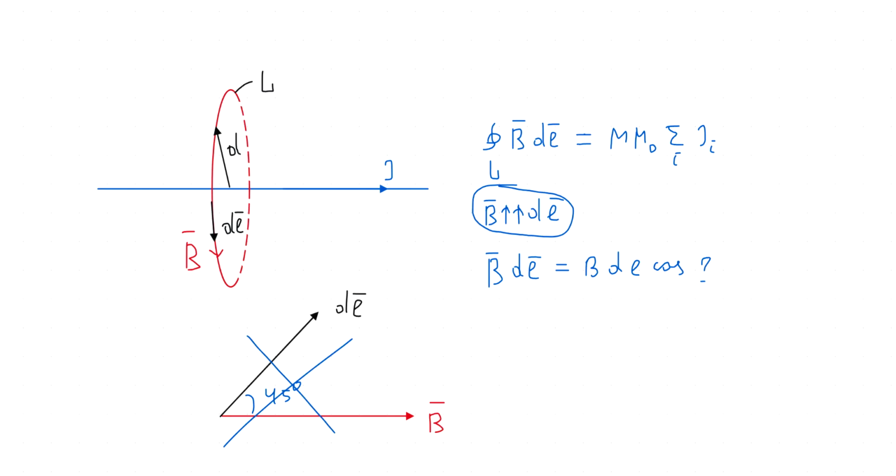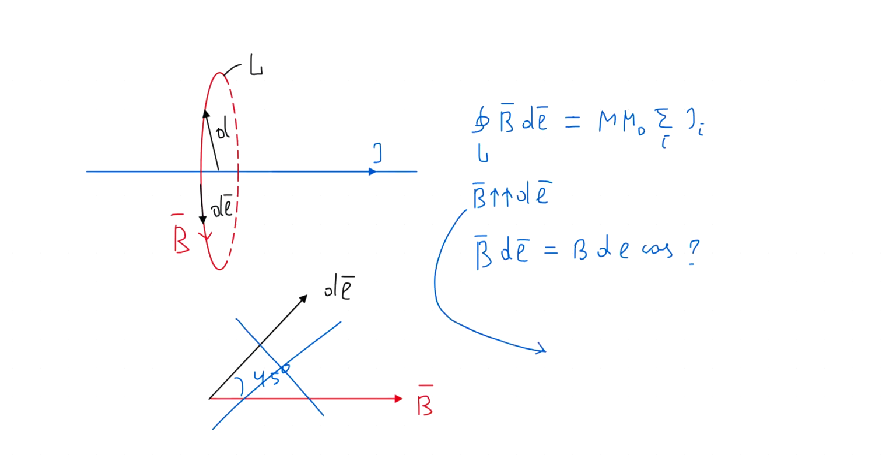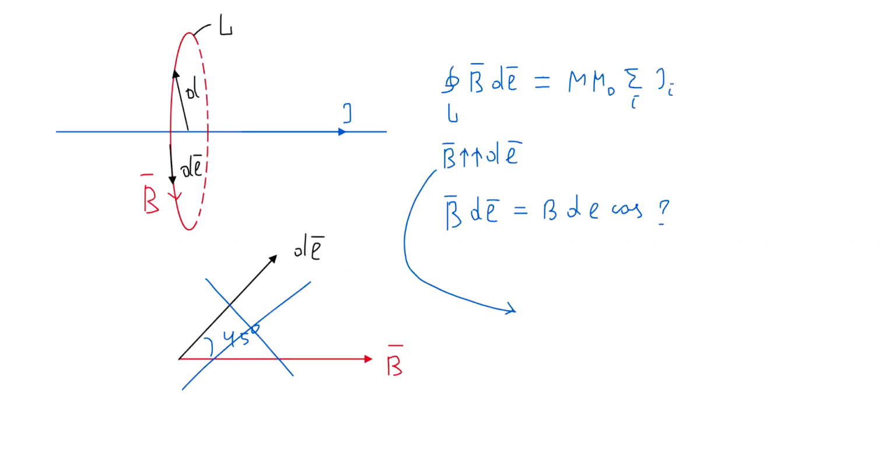Okay, do you have any more ideas? If we show this on the picture, this means that, for example, vector b is here, and for example, vector dl is here.